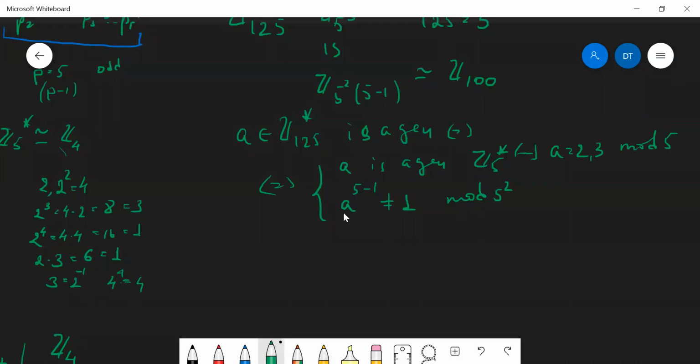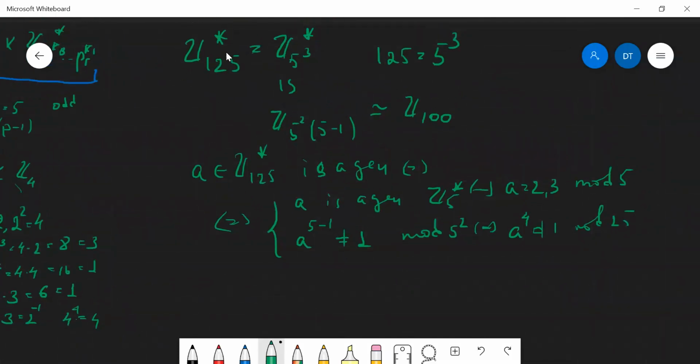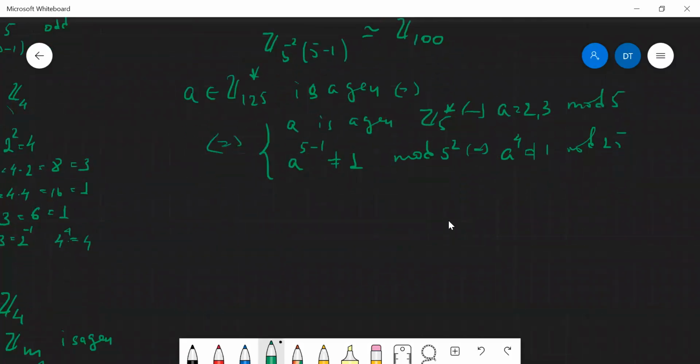And the second condition is that A to the power of 4 is not 1 modulo 25. So if we want to find all the generators of this group, we just go through all the numbers from 1 to 124, which are co-prime with 5, and check these conditions.